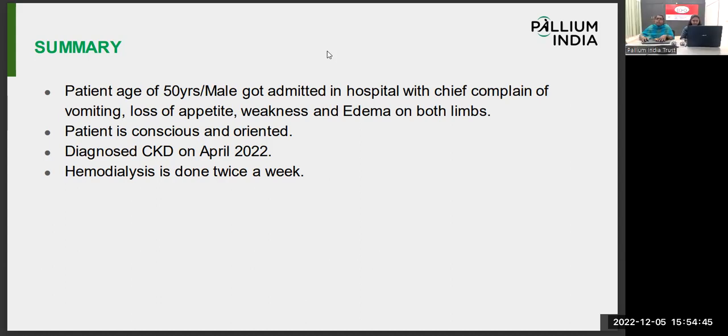Okay, as ma'am said, we can support the patient spiritually also. Here, there is a 50-year-old man admitted with CKD, on hemodialysis. I would like to know whether he is in the hospital right now or at home.